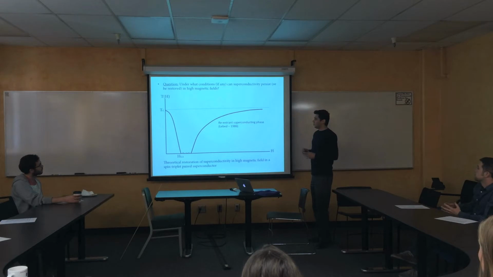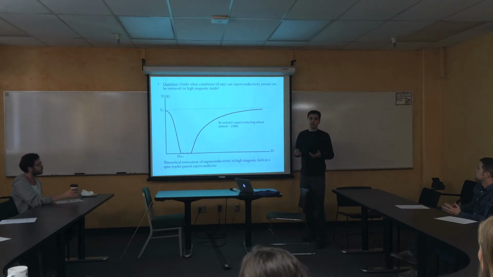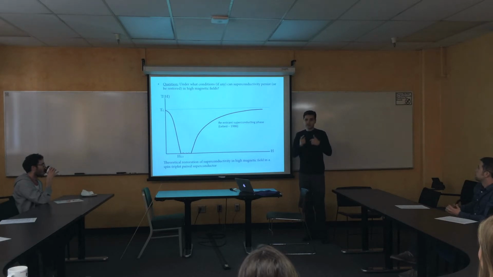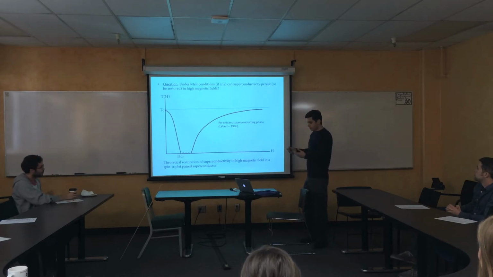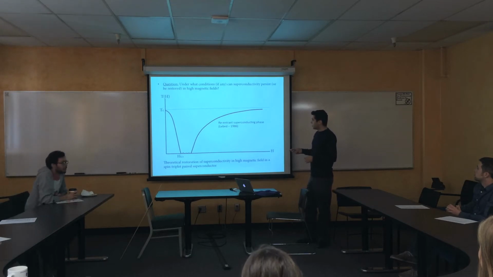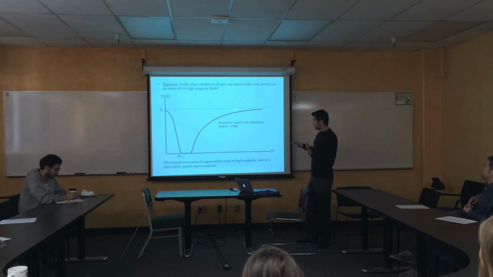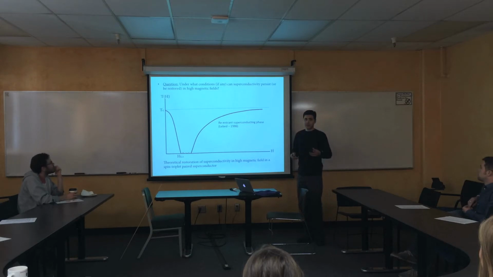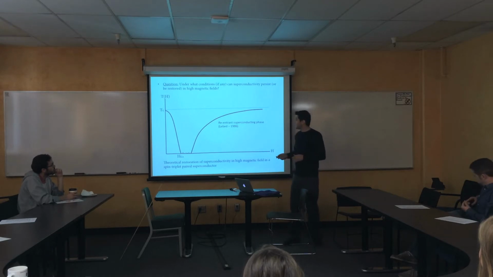Now, of course, there are certain limitations to this because we cannot have paramagnetic splitting, right? If we have a spin singlet state, then magnetic field will align the Cooper pairs and destroy superconductivity. So one of the fundamental assumptions that goes into this theoretical curve is that superconductivity does not have a paramagnetic limit in this case. So for example, a spin triplet superconductor could exhibit a behavior like this one.